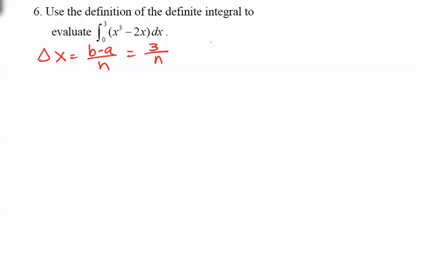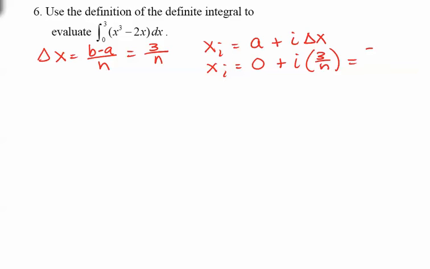And our x sub i values, we'll use a plus i jumps of delta x. So here our a value is 0, and our delta x value we just did is 3 over n. So our x sub i's will be 3i over n. So that's what we're going to substitute into our function.